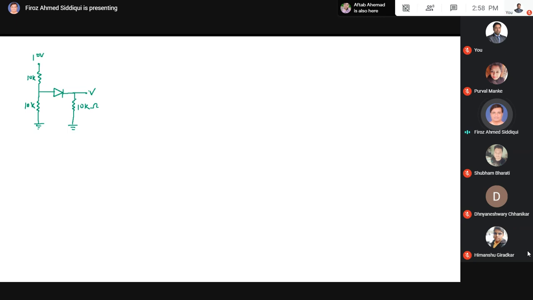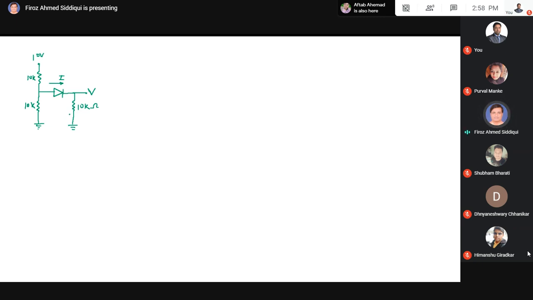That means the voltage taken across this resistor of 10K and the current flowing through the diode. So you need to find the current and voltage across the diode. Current through the diode and voltage across the diode, that means across this resistor of 10 kilo ohm.